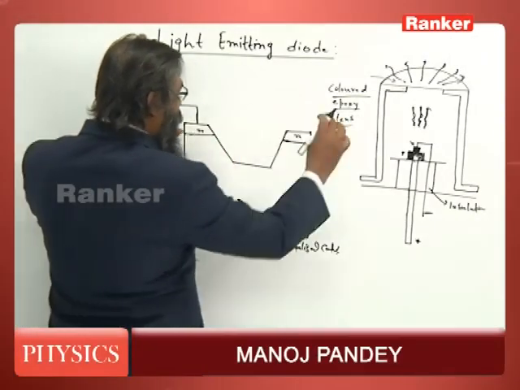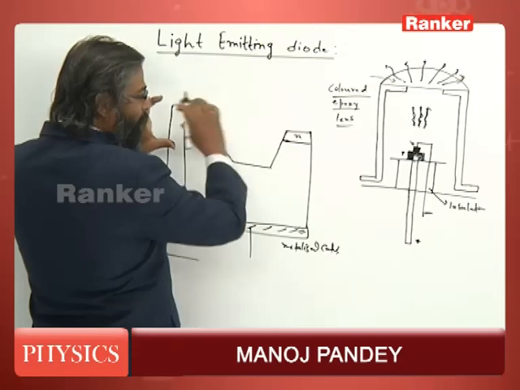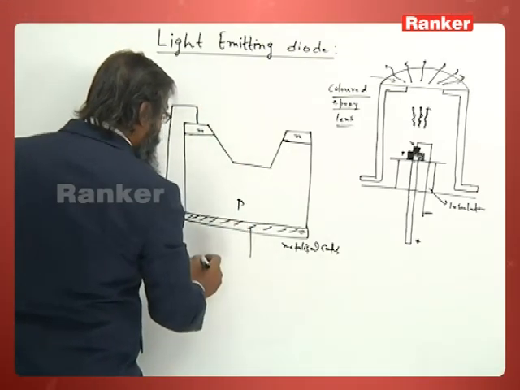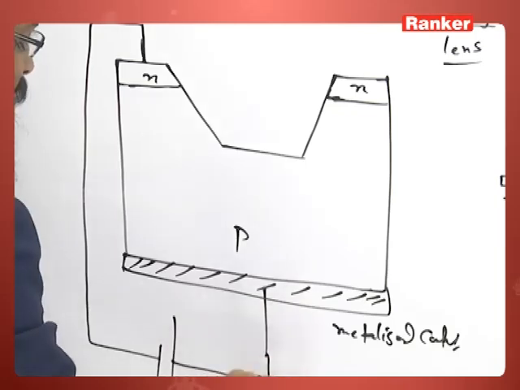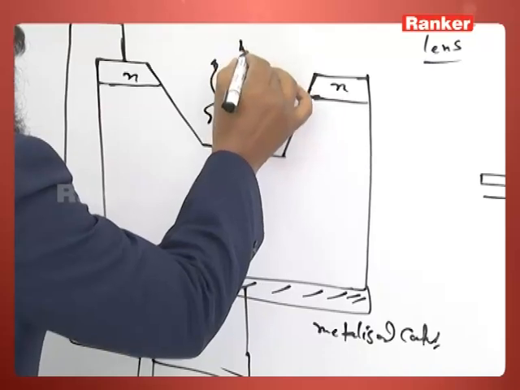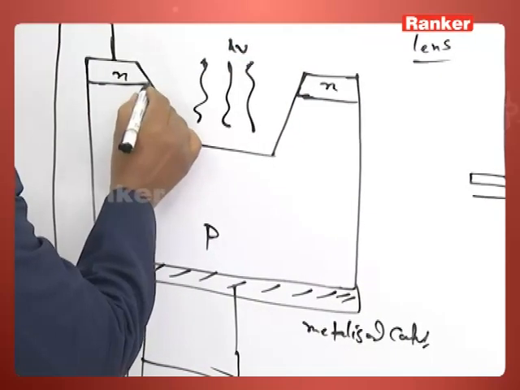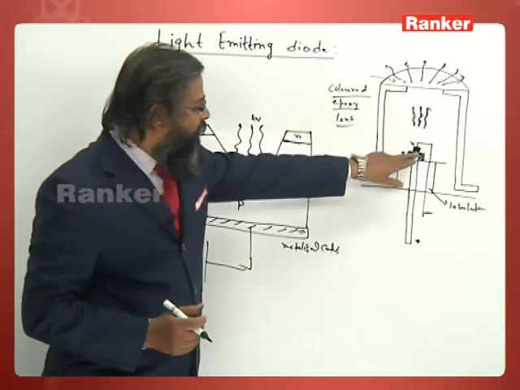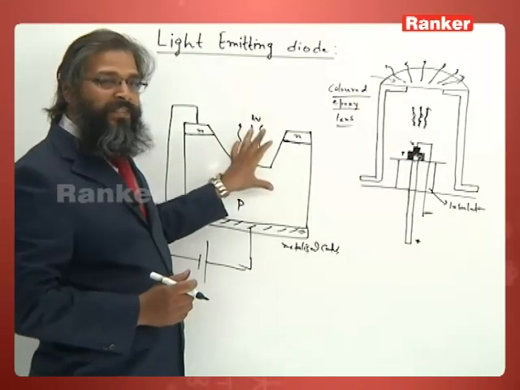Actually, in 3D it will be a circular portion. P is connected to the P type, N is connected to the N type. This type of constructional detail will be there.